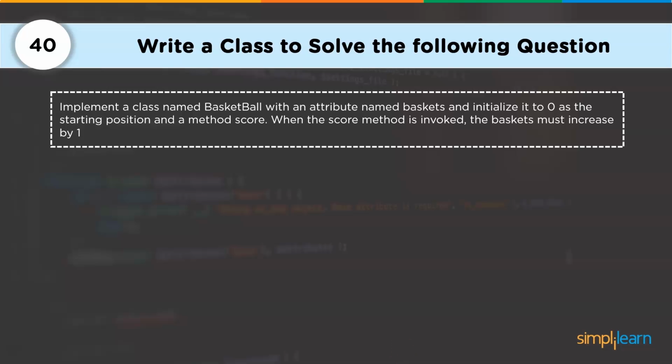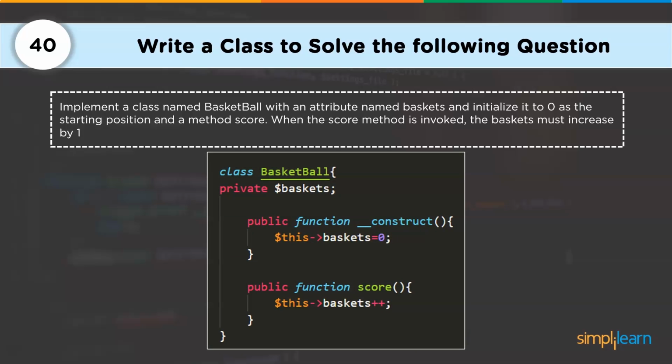So let's see the solution now. This is how you create a class that is basketball. Now inside this class, what we are going to do is initialize the number of baskets, that is this variable, as 0 as the starting position. To do that, we will be using the construct function, as we discussed, to initialize some default properties for the class.